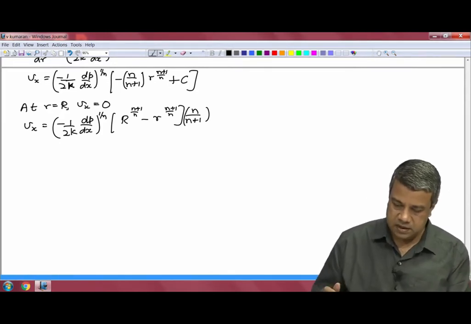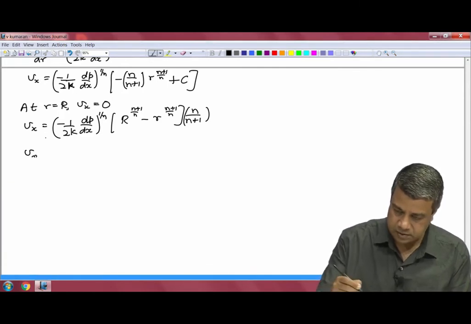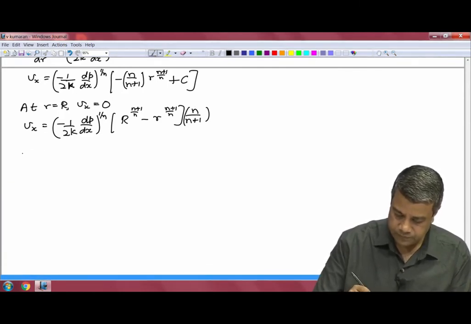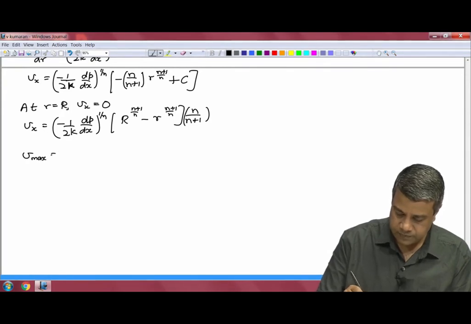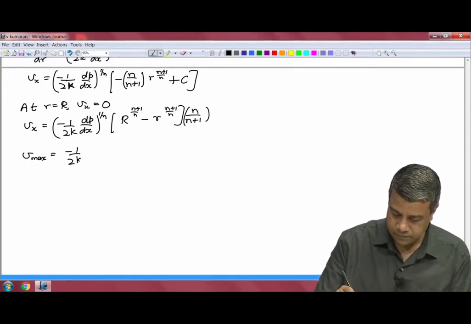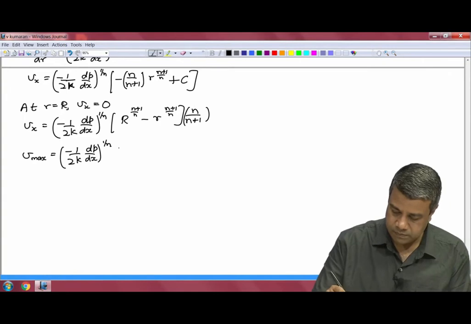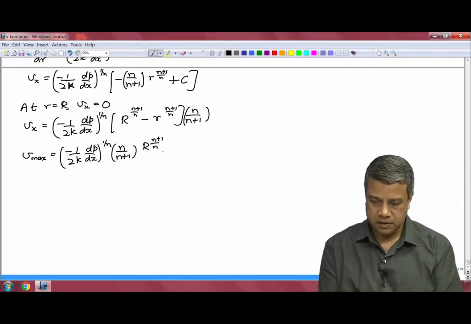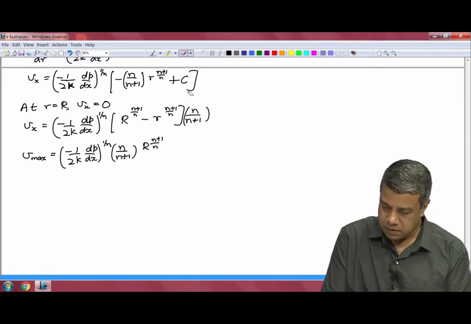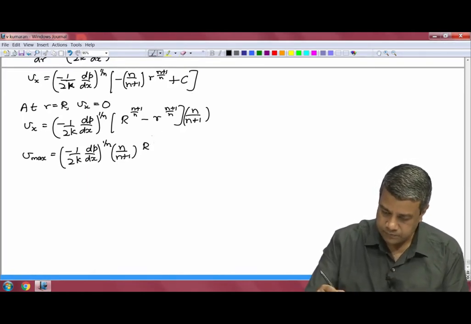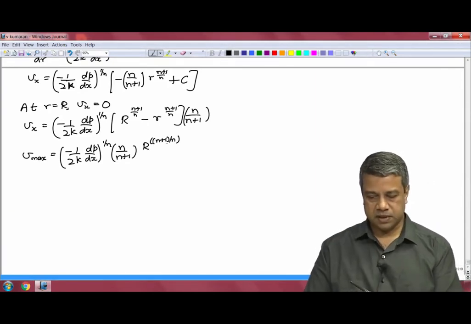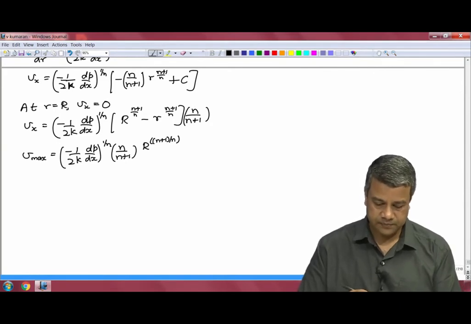The maximum velocity is at r is equal to 0. V max is the maximum velocity at the center of the channel.